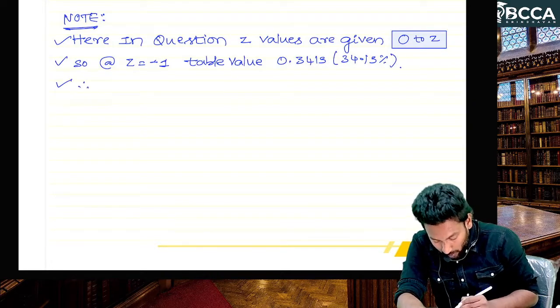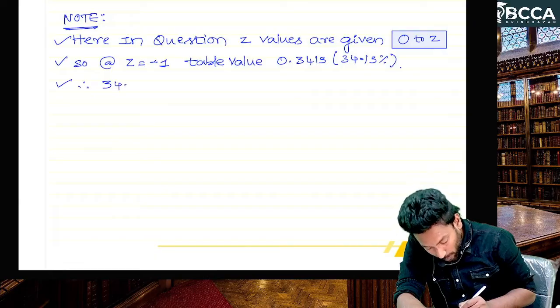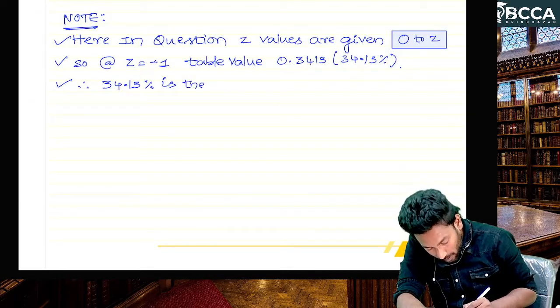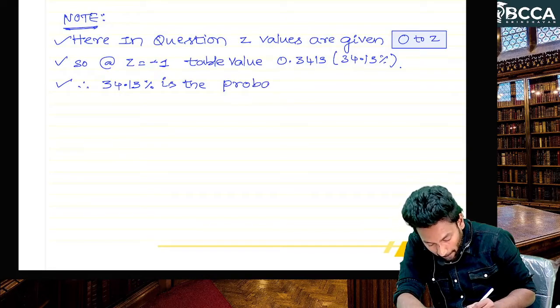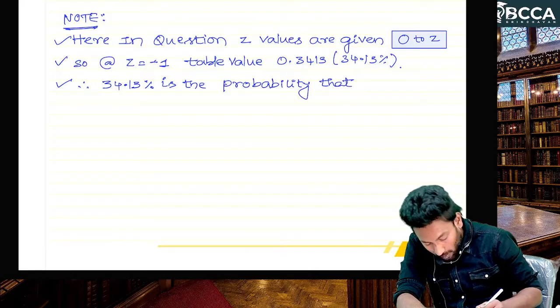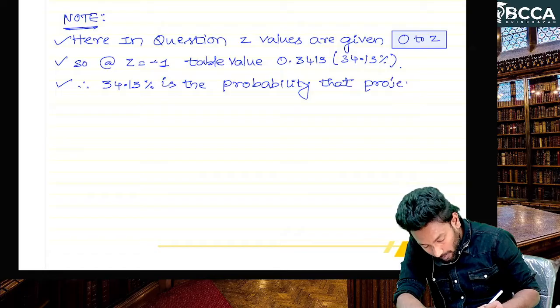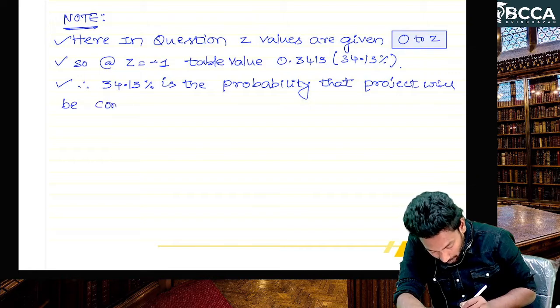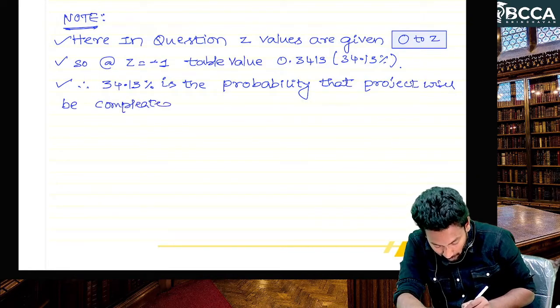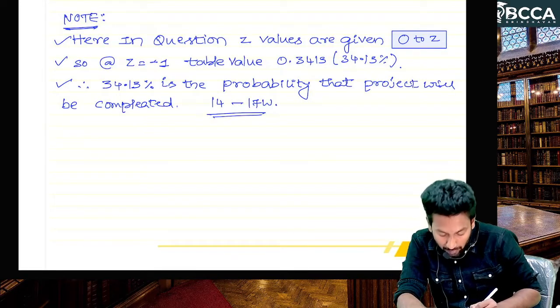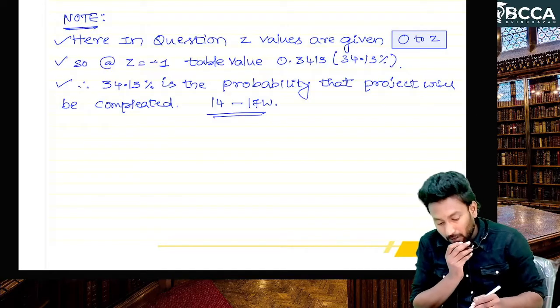Therefore 34.13 percentage is the probability that project will be completed in between 14 to 17 weeks. That is the meaning of that value, sir.